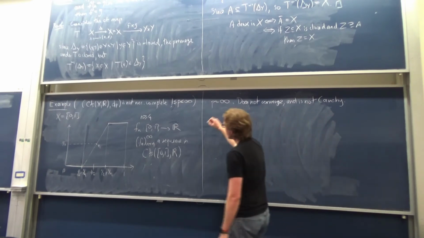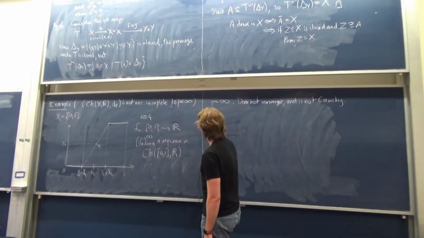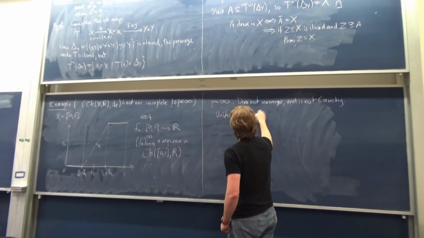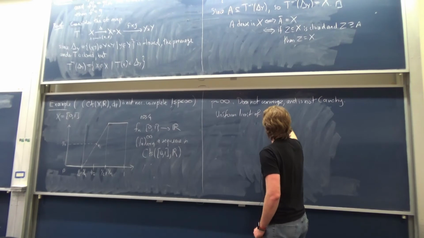Why? Well, because the uniform limit of continuous functions is continuous.